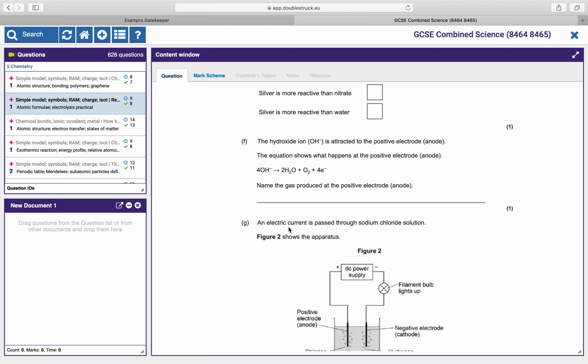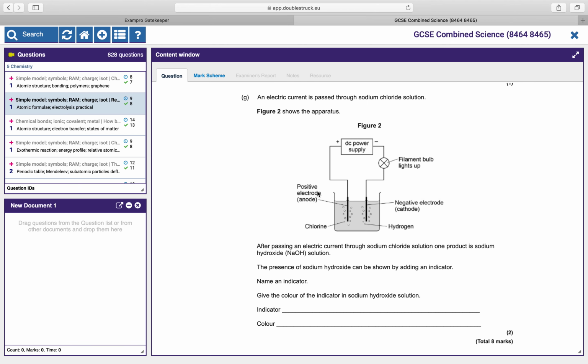So, equation, what happens at the positive one. Out of this, you can see what gas is going to be produced. Well, H2O is certainly not going to be gas as water. There's oxygen. Oxygen is the gas that's going to be produced.